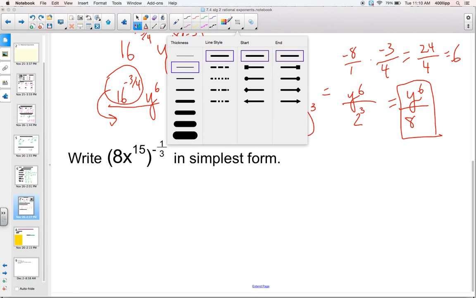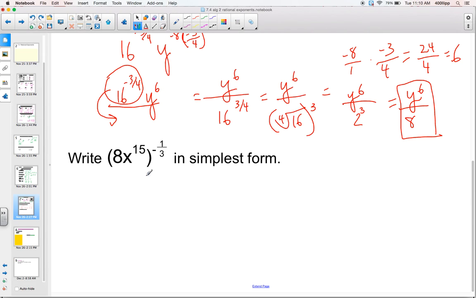Okay, let's try this one here. So again, similarly, both of these are to the negative 1/3 power. The first thing that you can do is actually get rid of this negative exponent by bringing everything to the denominator. So we have 1 over 8x to the 15th, in parentheses, to the 1/3 power.